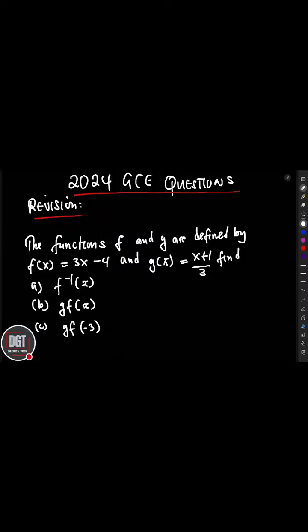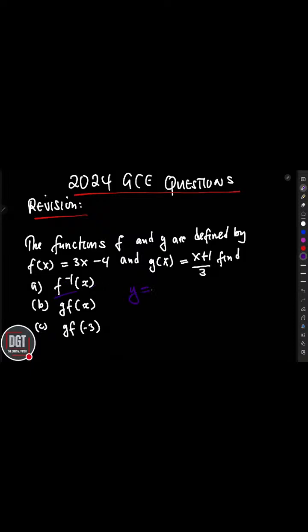Find the inverse of f of x. So how do you find the inverse of a function? This one is easy. We have been doing finding the inverse; last time we did the same thing. So we can go through it quickly.